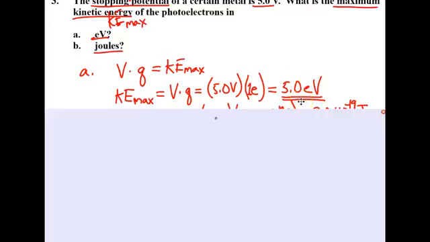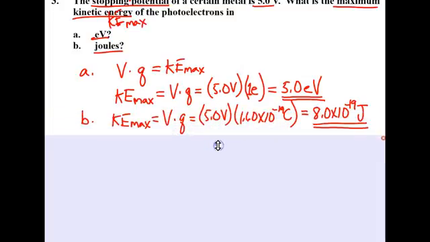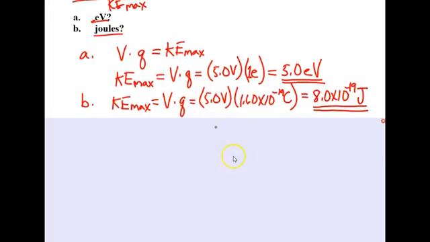We discussed this earlier in electrostatics, that this is an alternate form of energy used when dealing with small numbers of elementary charges. For B, if you want the answer in joules, you take the same voltage and multiply by the charge of the electron in coulombs. So 5 times 1.6 times 10 to the negative 19 would give you 8 times 10 to the negative 19 joules.